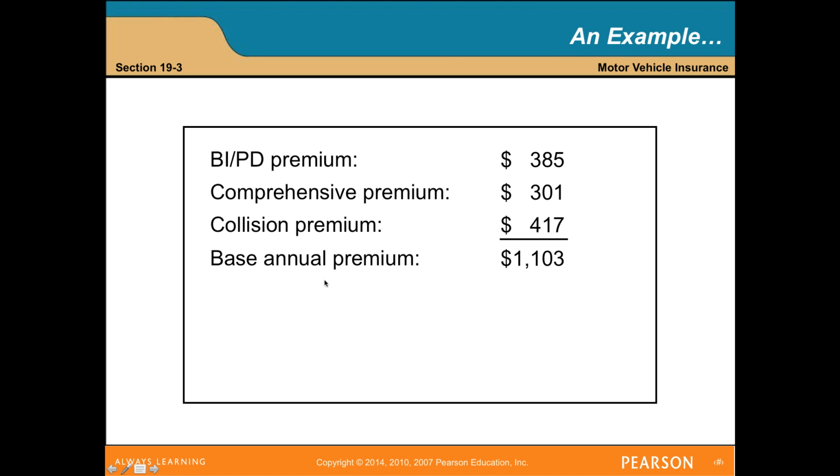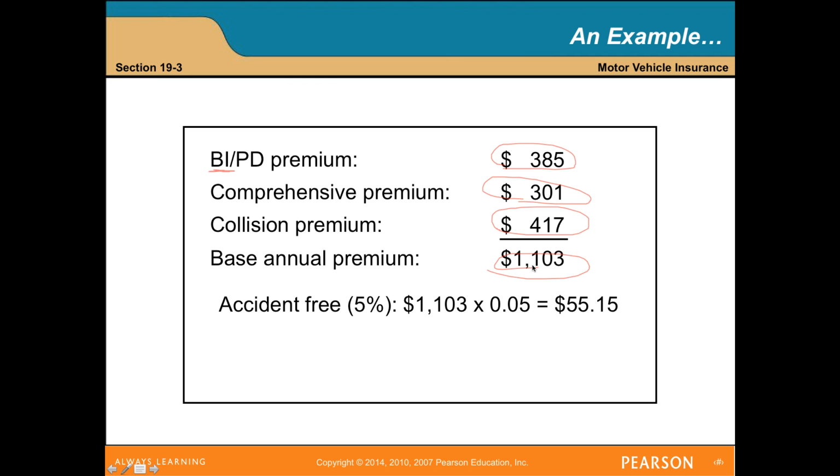So BIPD premium is $385. The comprehensive premium is $301. Collision premium is $417. So the base annual premium is $1,103. Accident free, 5%.